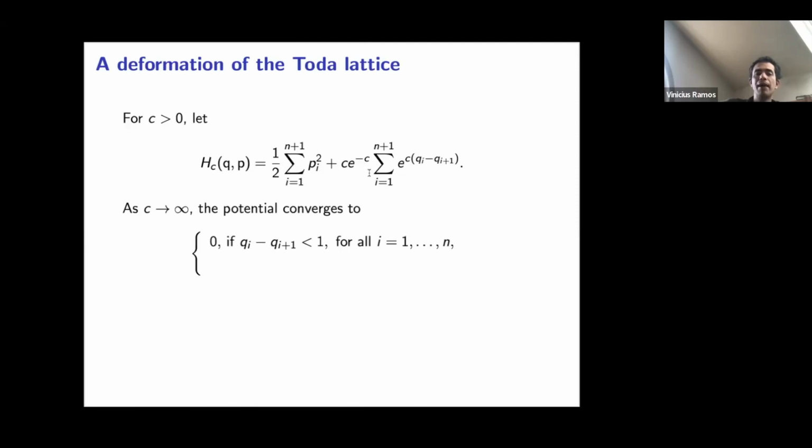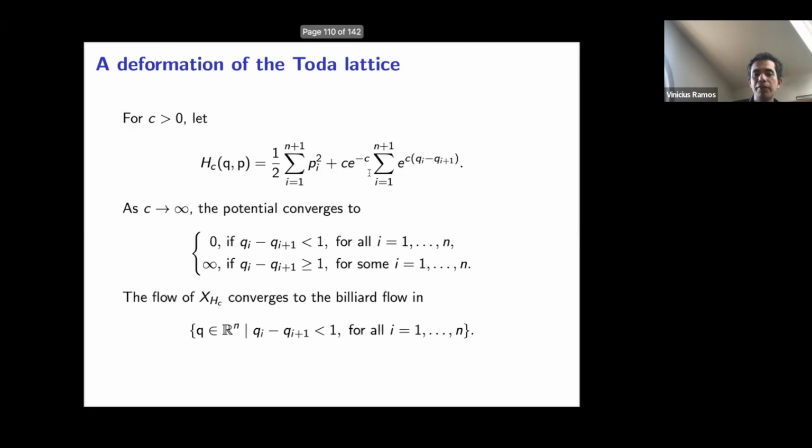If qi minus qi+1 is always less than 1, this converges to 0. And if qi minus qi+1 is bigger than or equal to 1, this converges to infinity. So what this means is that the flow of this Hamiltonian vector field is convergent to a billiard flow in this subset.